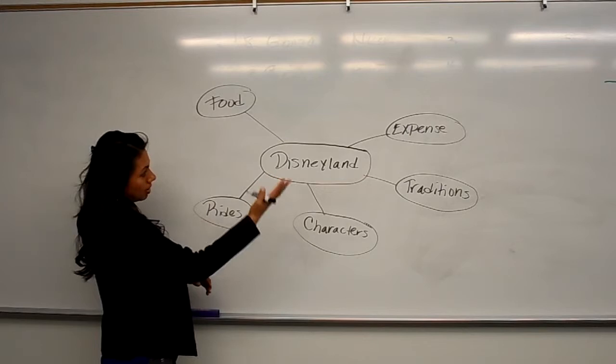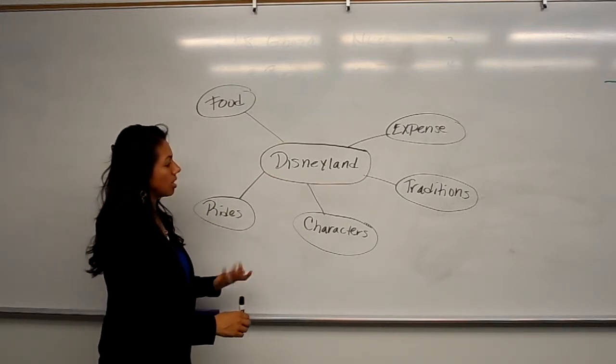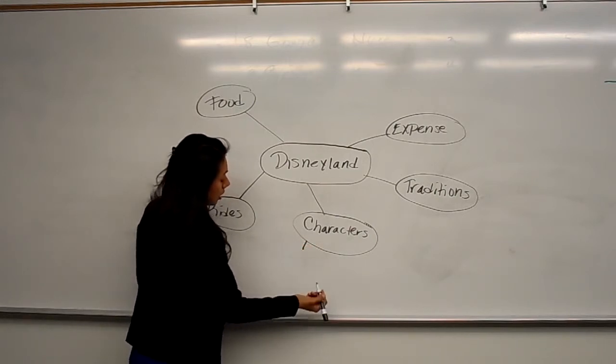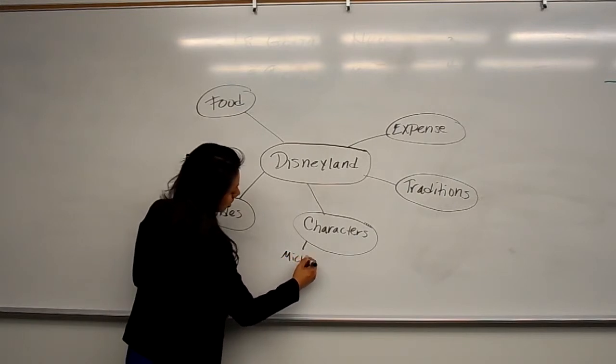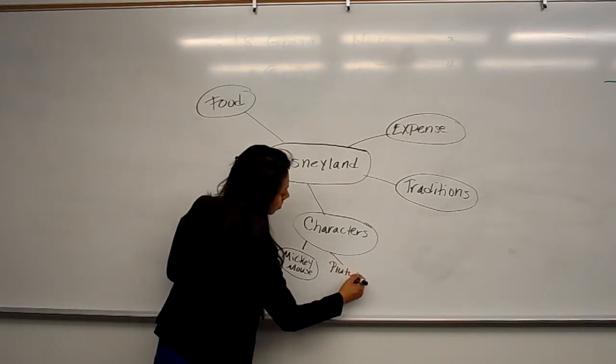Alright, so then once you come up with your major categories, if you will, related to your subject, you narrow them down even further. So in this case, related to characters, the first character that comes to mind is Mickey Mouse, of course. Okay, I'm thinking of Pluto.